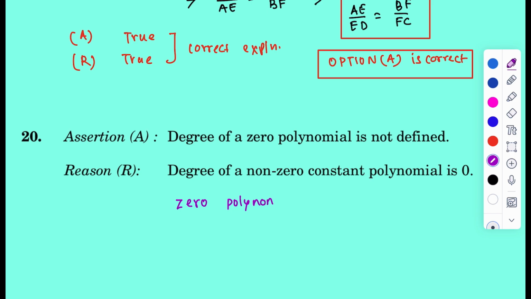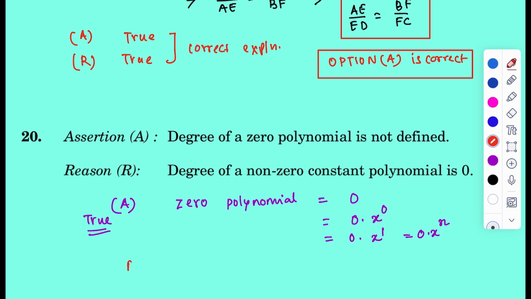Zero polynomial is equal to 0, and we can express 0 as 0 into x to the power 0, or 0 into x to the power 1, or 0 into x to the power 2, or x to the power n. So the degree of the zero polynomial is not defined. It is true because it can be any number. It can be 0, it can be 1, 2, anything. This assertion is true, it is not defined.